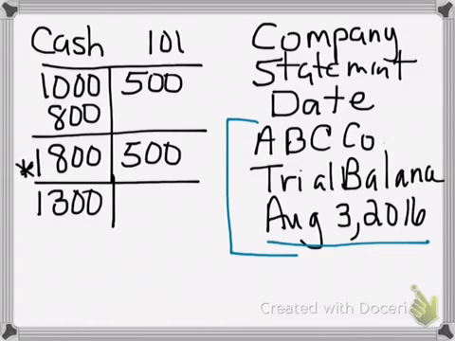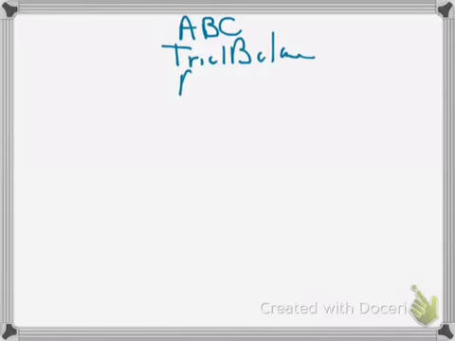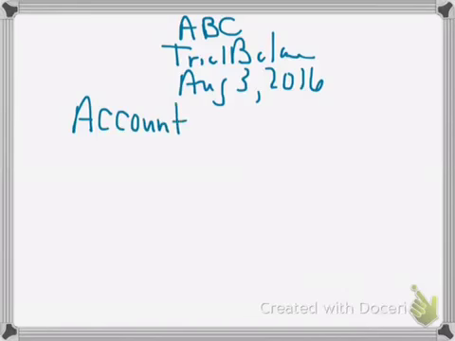So when we go in and we look at this, what you're going to find as far as that trial balance is concerned. So again, it's ABC. It's going to be a trial balance as of August 3rd. And so what I would do is on a trial balance, I would list all of the accounts.